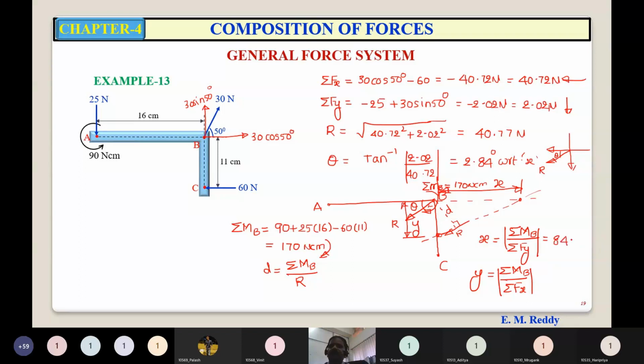You have 84.16 centimeter, 4.175. Excuse me, sir. Yes, sir, I didn't get that last part, this X and Y, sir.